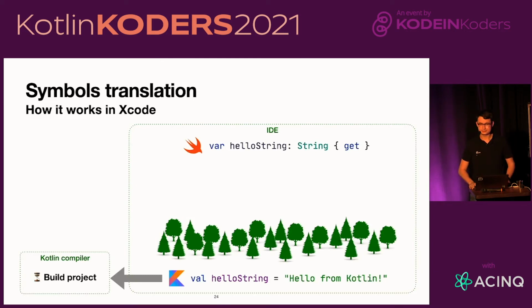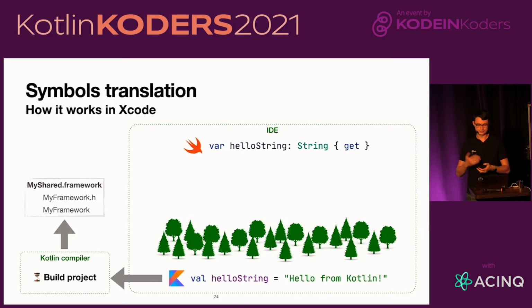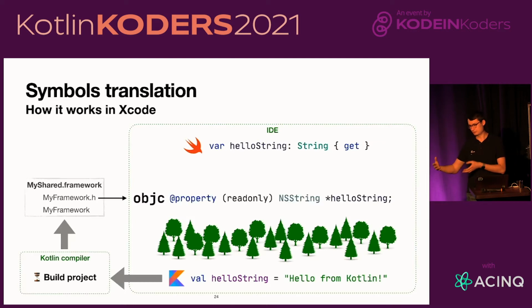It builds the project and generates the framework, which includes also Objective-C header. In this Objective-C header, we could see, there is a property hello string. We create a symbol for Objective-C, and from this Objective-C symbol, we create a Swift symbol. All right, pretty long way, not straightforward.